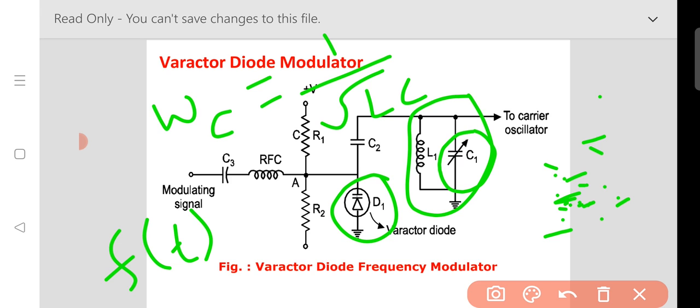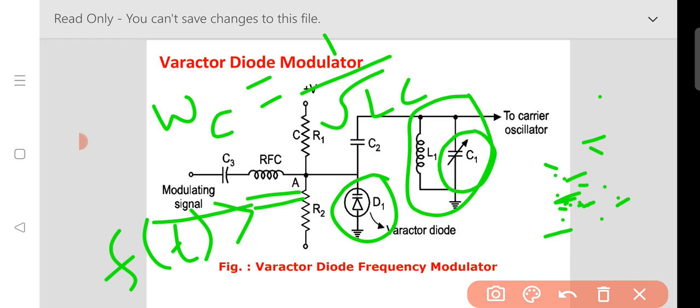Now let us see how we convert this modulating signal to a frequency modulated signal. Here the modulating signal is applied through a resistive network for better tuning, because we have low frequency signals. It employs a choke or a simple audio amplifier.